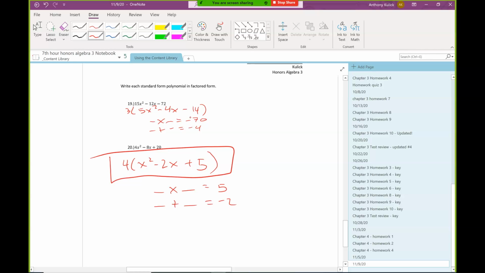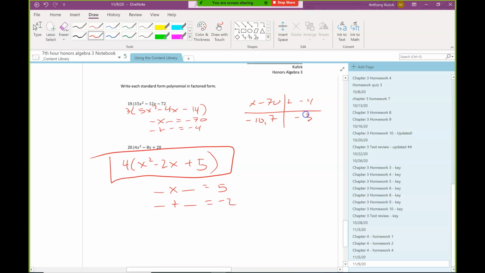So we'll play the same game here and try to go as close together as possible. So the closest together pair of numbers that multiplies to give us negative 70 is 7 and 10, or one of them has to be negative. So we've got to multiply to give negative 70, add to give negative 4.